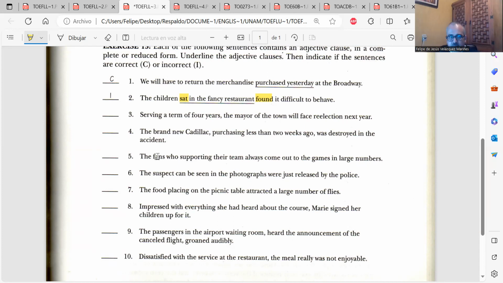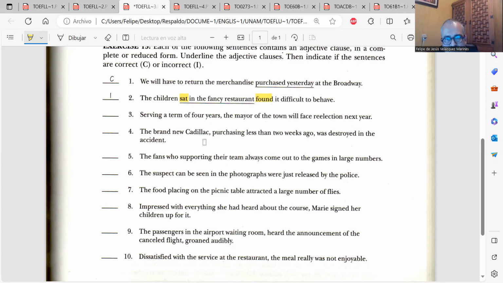Yes, because we can say the mayor of the town who is serving a term of 4 years will face re-election, okay? Or who has been serving. So the mayor of the town, we eliminate who, we eliminate the auxiliary verb, he does the action, so ing, we can front it, serving a term of 4 years, yes, okay.